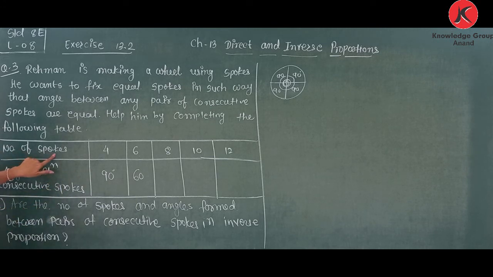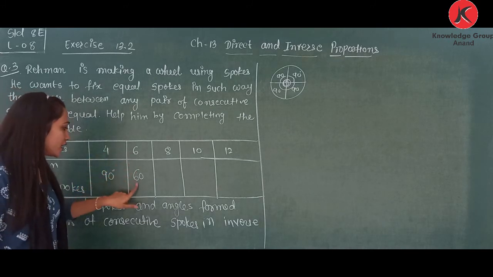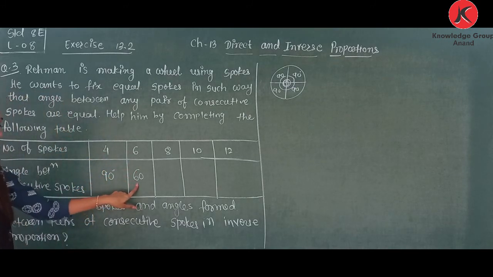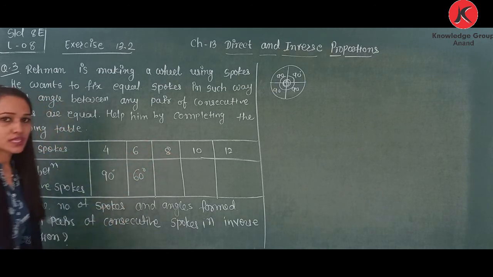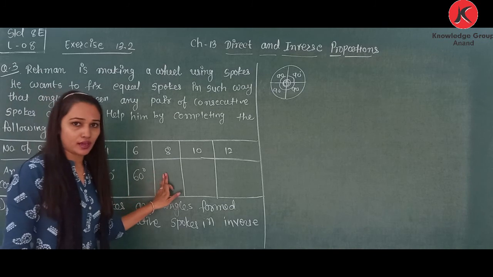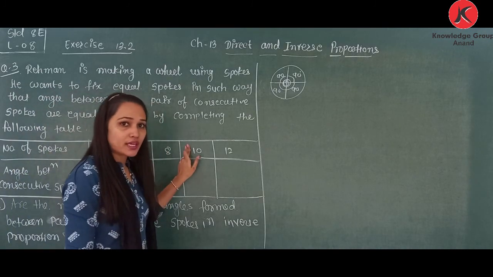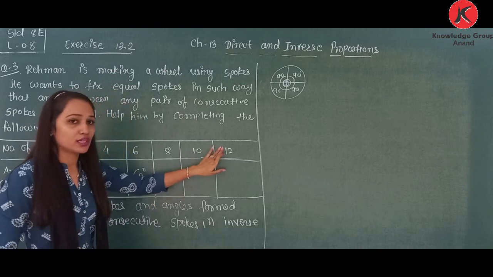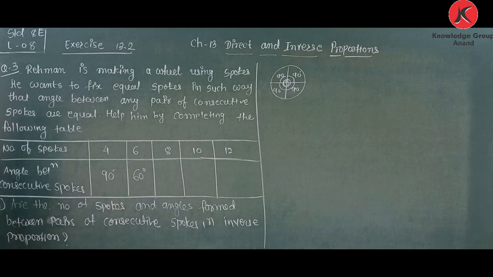When the number of spokes is 4, the angle between consecutive spokes is 90. If the number of spokes is 6, the angle between consecutive spokes is 60 degrees. So we need to find, when 8 spokes are there, what is the angle between two consecutive spokes? When 10 spokes are there, what is the angle between them? And when 12 spokes are there, what is the angle between them?